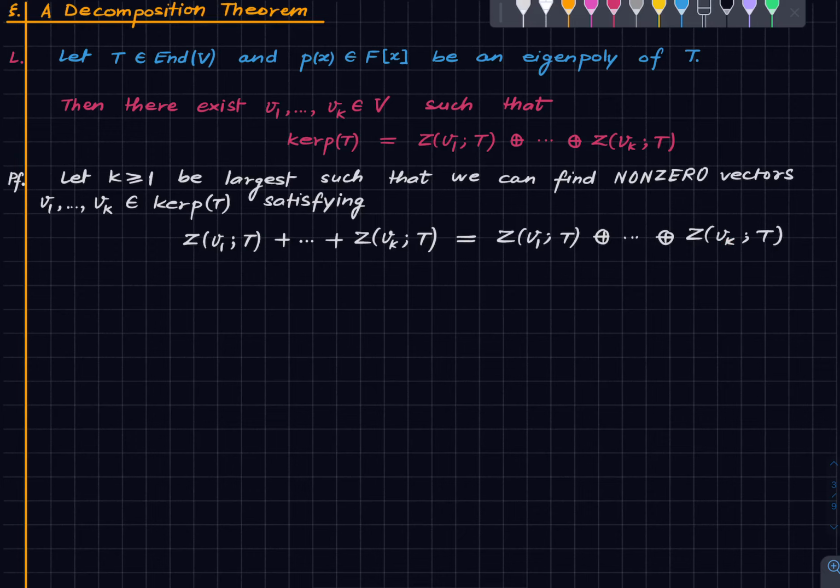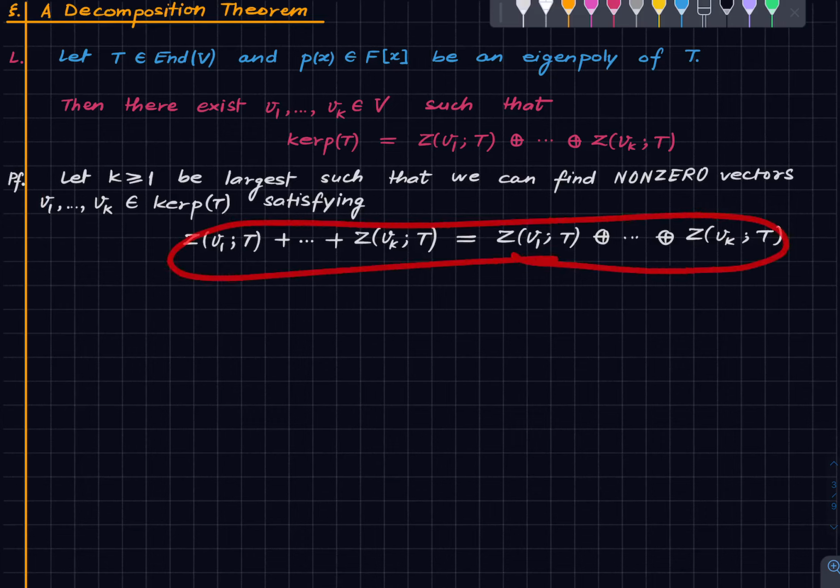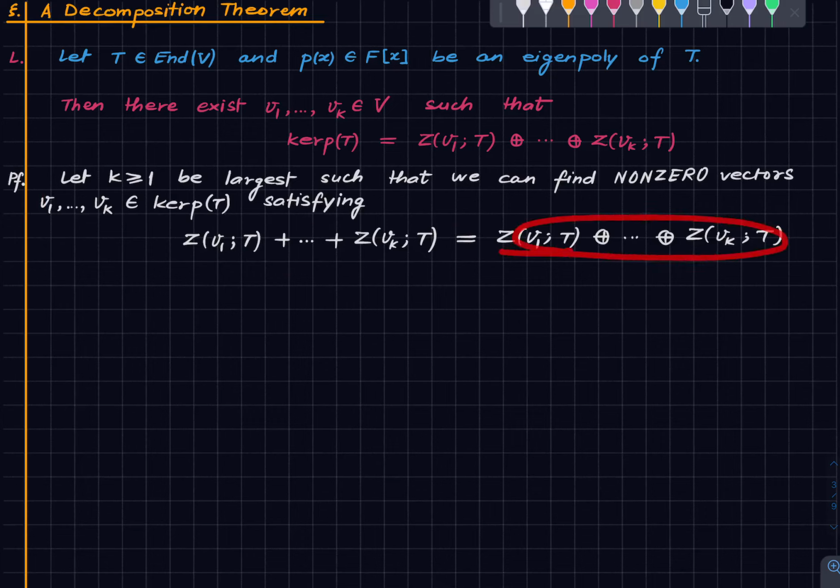So basically this says that since we want to express this as the direct sum of cyclic subspaces, just do your best. Find the largest list with this property and hope that this actually is equal to the kernel of P(T). And if this is not equal to the kernel of P(T), we will arrive at a contradiction which will prove the theorem. Okay, so let's call this thing something for easy notation.